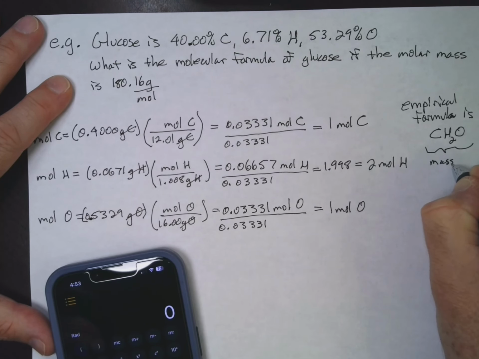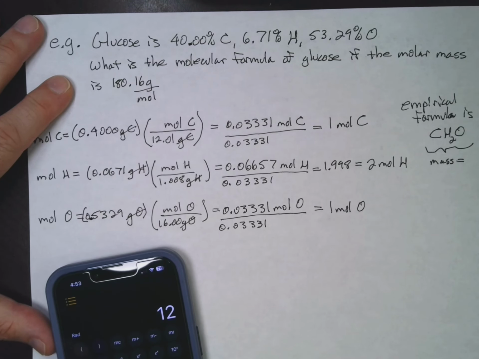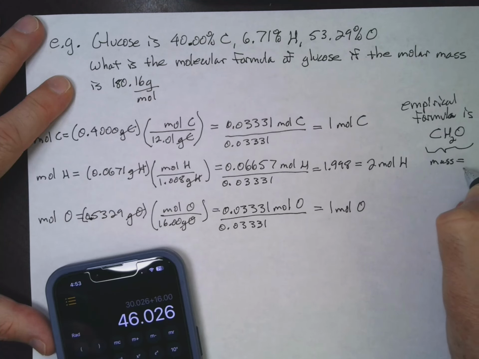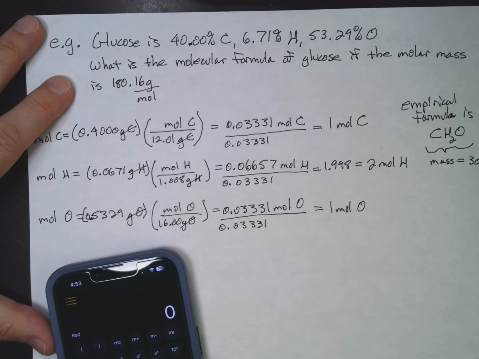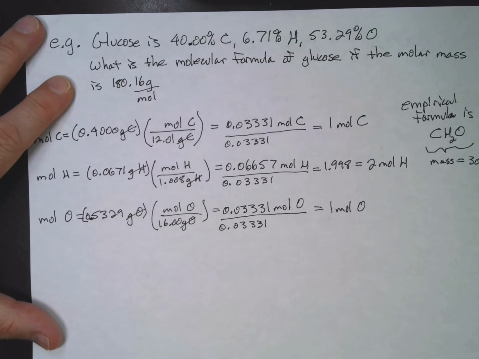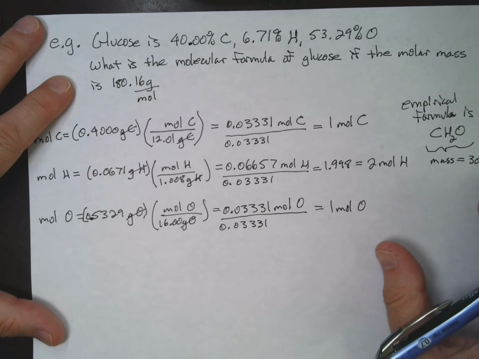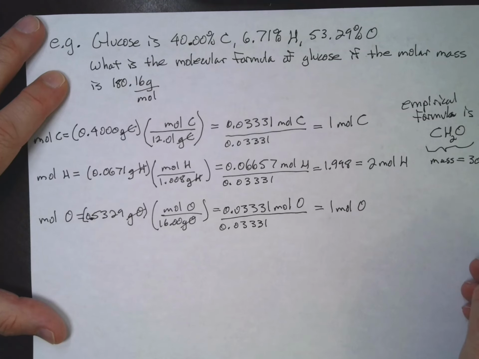So our mass equals 12.01 plus 2 times 1.008, plus 16.00, which equals 30.03 grams. I hit that an extra time and added an extra 16 at first, but it's 30.03 grams.